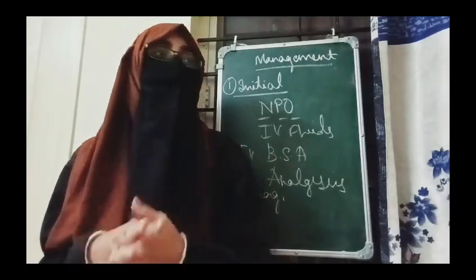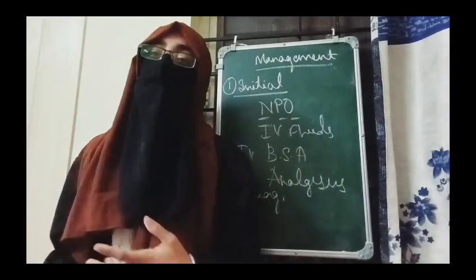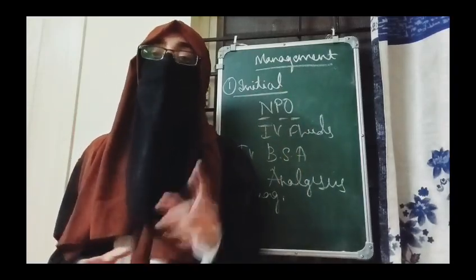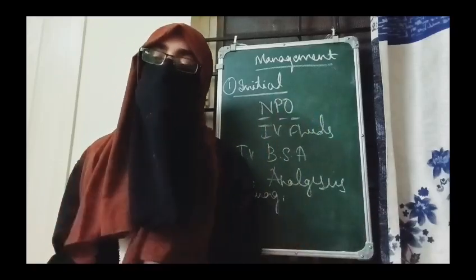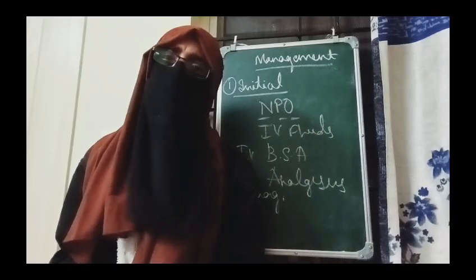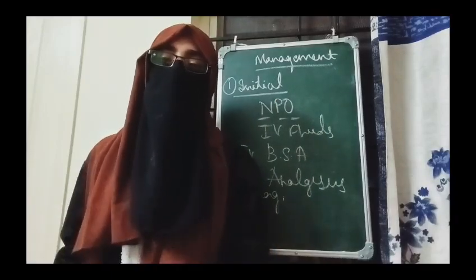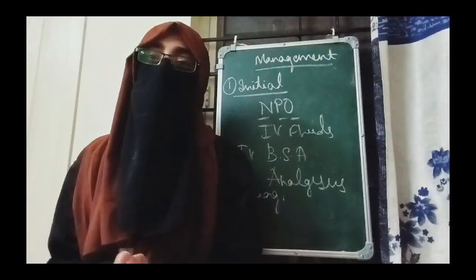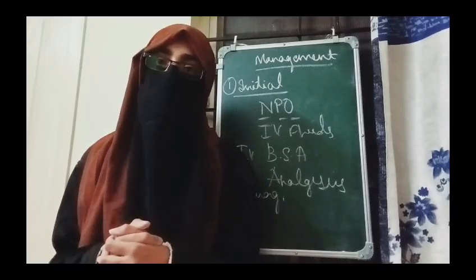Then we discussed the signs, and then the management, initial and final. This is an important topic, and if somebody is complaining of right iliac fossa pain with nausea and vomiting, you should suggest they see a doctor.